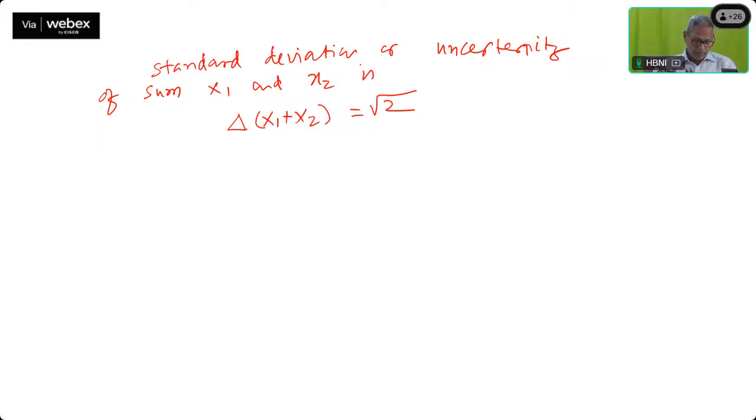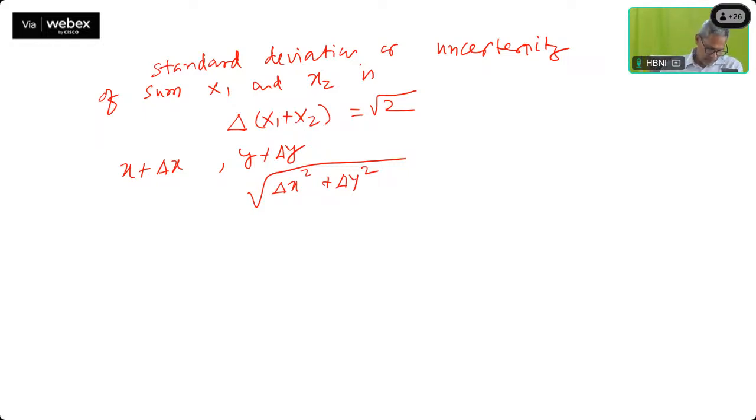This is an example of a general rule that the uncertainty in the sum of two quantities, suppose you have two quantities, one is x plus delta x, other one is y plus delta y, then your total uncertainty will be root of delta x square plus delta y square. This is a general one.